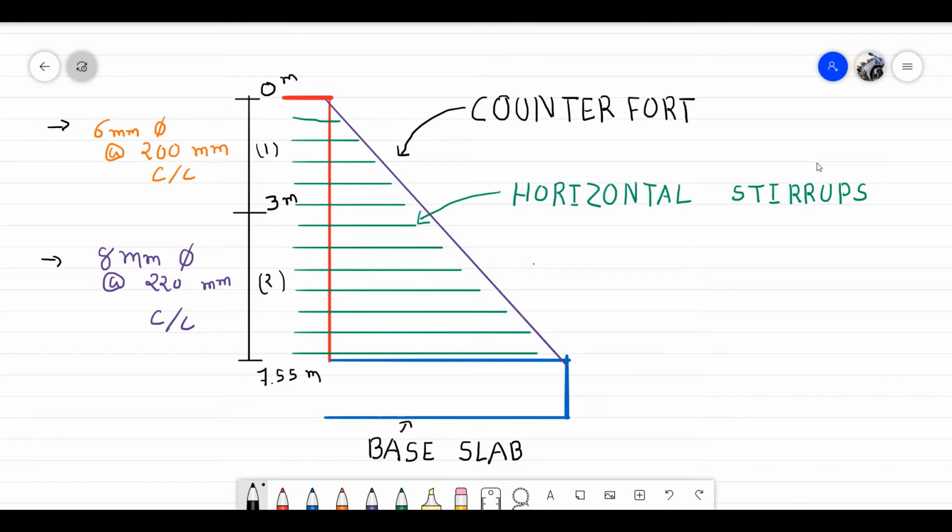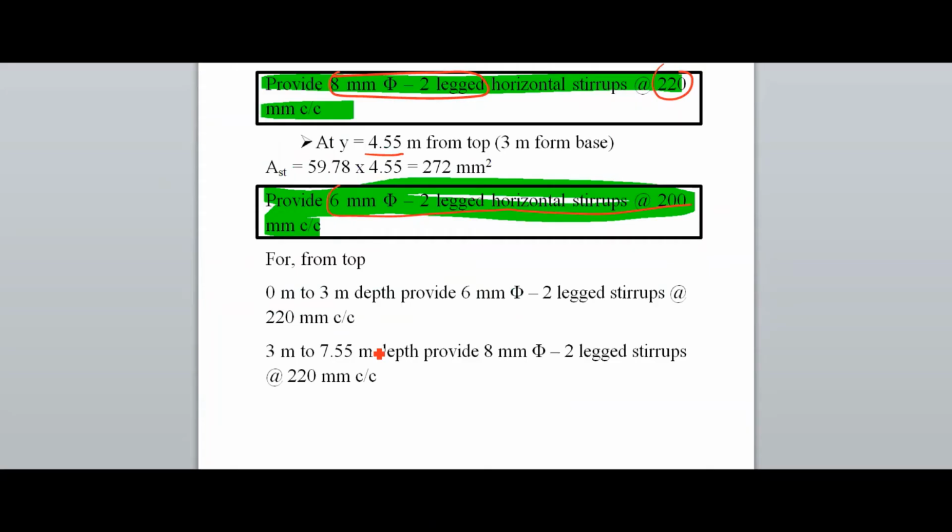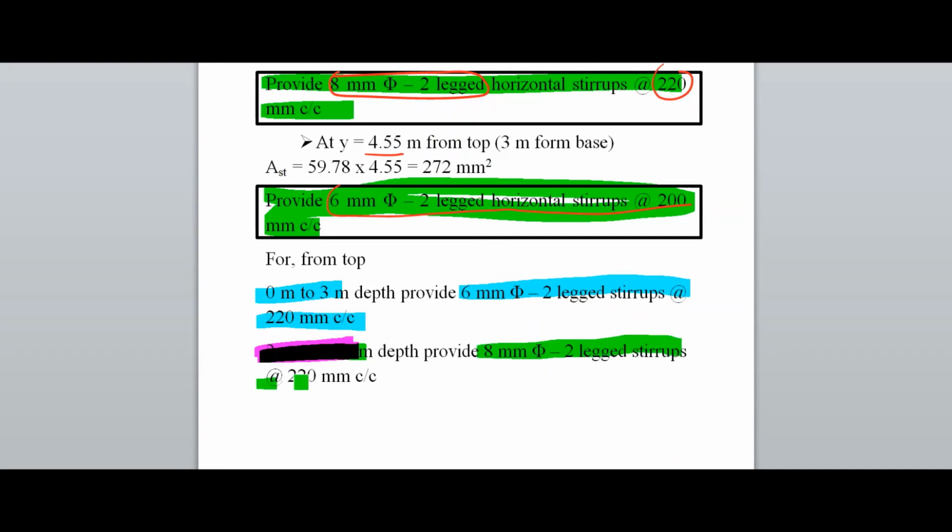So this will reduce the cost of the retaining wall construction, right? So here the design is given. 0 to 3 meter depth provide 6 mm dia two-leg stirrups at 220 mm center to center, and the second one is 8 mm two-leg stirrups at 220 mm center to center, right?